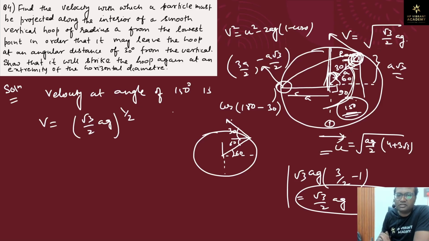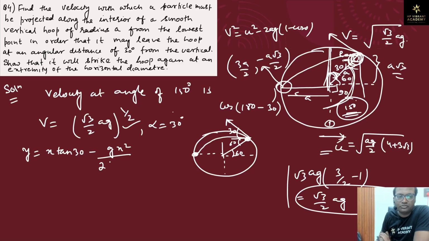Okay, so what will be the equation for the trajectory? From this point, it will follow a path like this and it will hit the horizontal diameter on the opposite side. So V is equal to this one and alpha is equal to 30 degrees. The equation of trajectory: y is equal to x tan 30 minus gx square upon 2u square cos square 30 degrees.